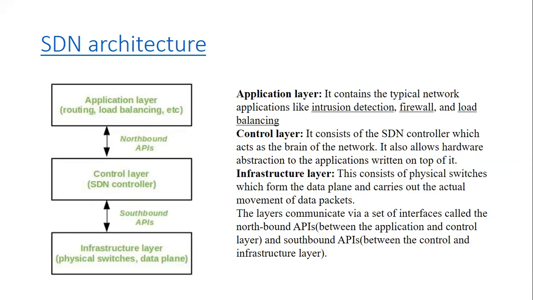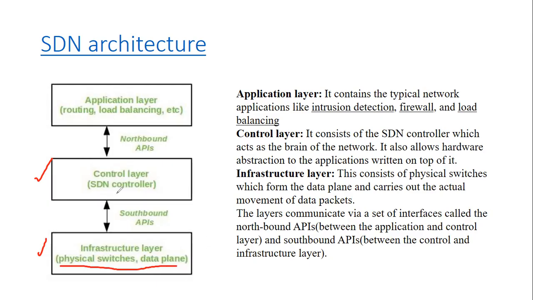The layers communicate. Here you can see one more thing, the southbound API and northbound API. What does it mean? There are three layers: infrastructure layer, control layer, and application layer. The infrastructure layer consists of physical switches and data planes, involved in the activity associated with the data plane.